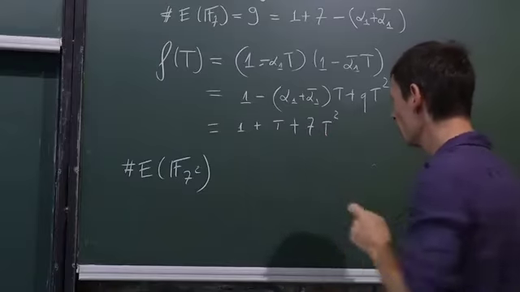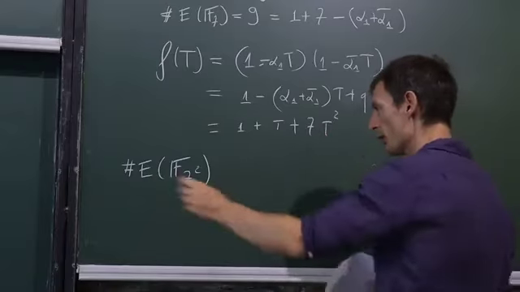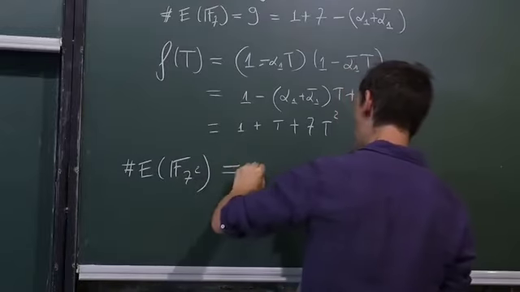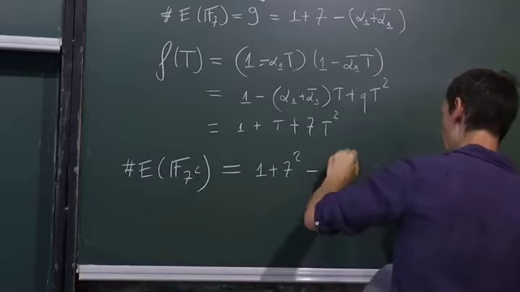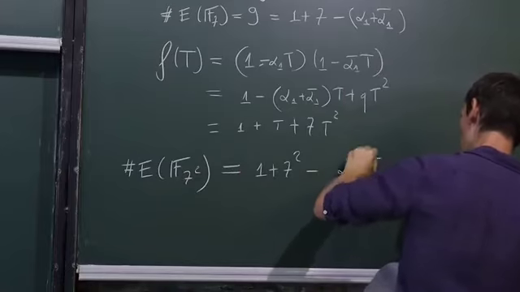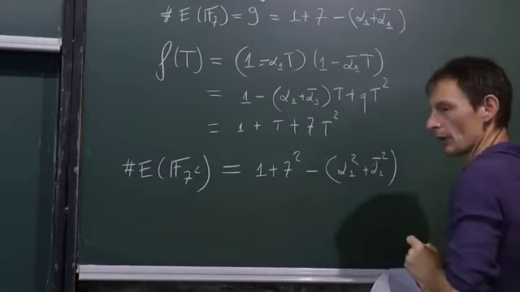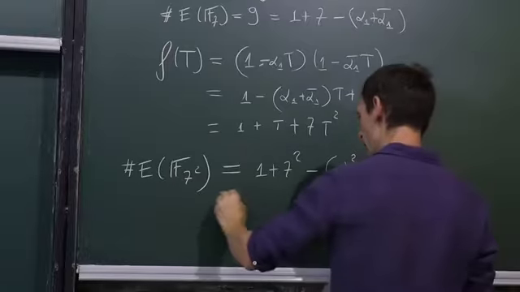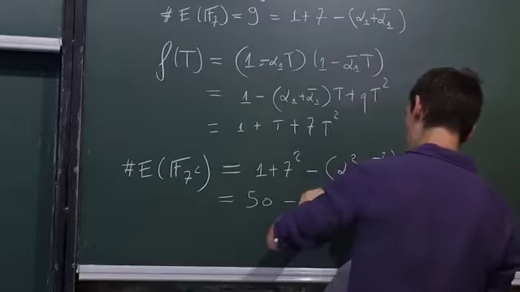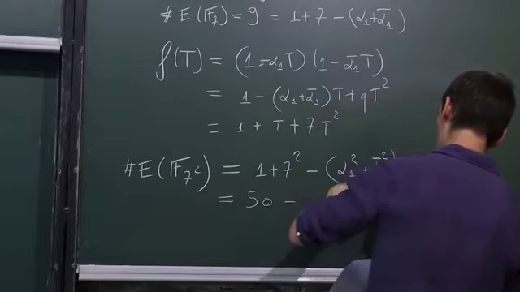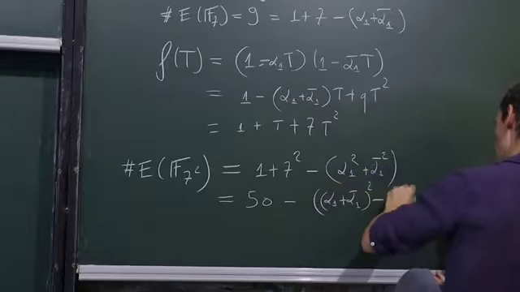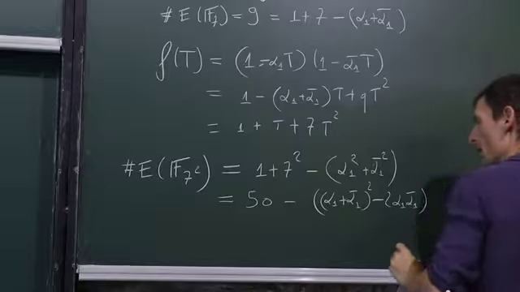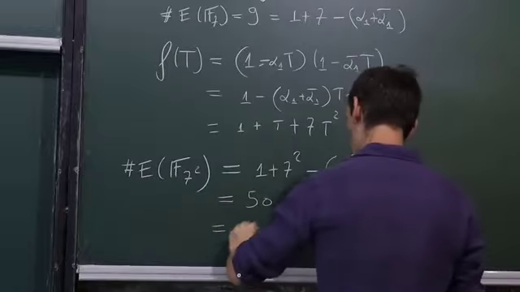But you don't need to, because now you can use this formula: the number of points is going to be 1 plus 7 squared minus (alpha 1 squared plus alpha 1 bar squared). But this is 50 minus (alpha 1 plus alpha 1 bar) squared minus 2 alpha 1 alpha 1 bar.